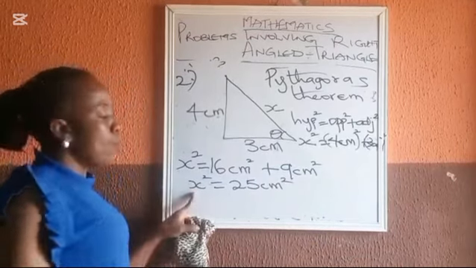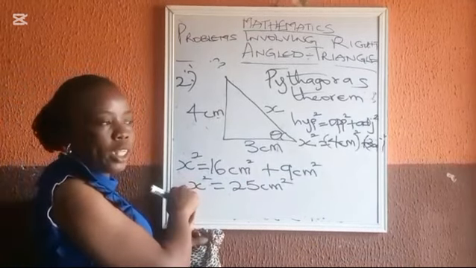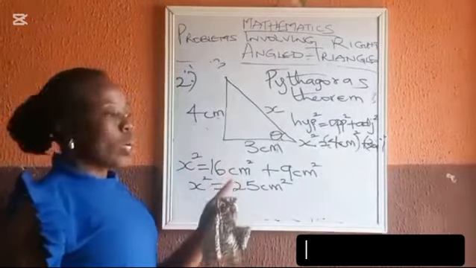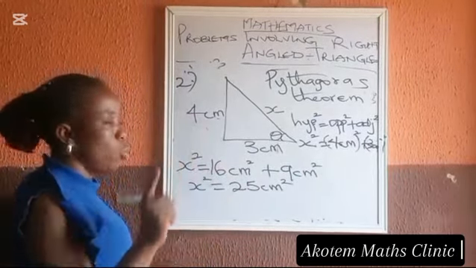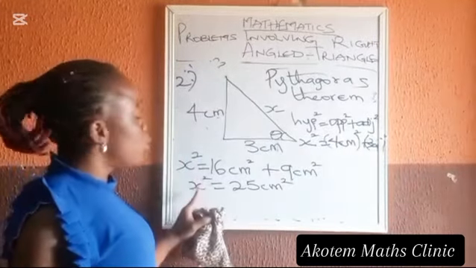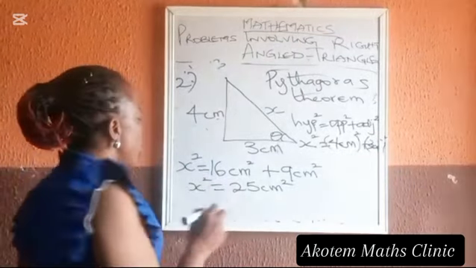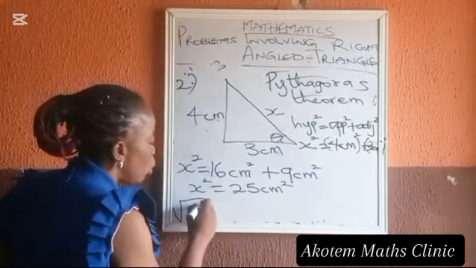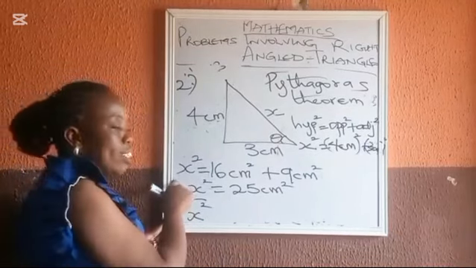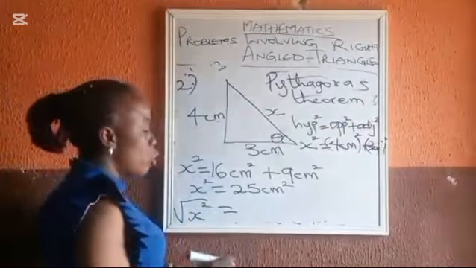So I'm asked to find x and not x squared. Here I have x squared, and the opposite of square is square root. I always tell my students, when you're asked to find x, all you do is find the opposite. That is, you find the square root, and whatever you do to this side, you must do to this side to balance your equation.